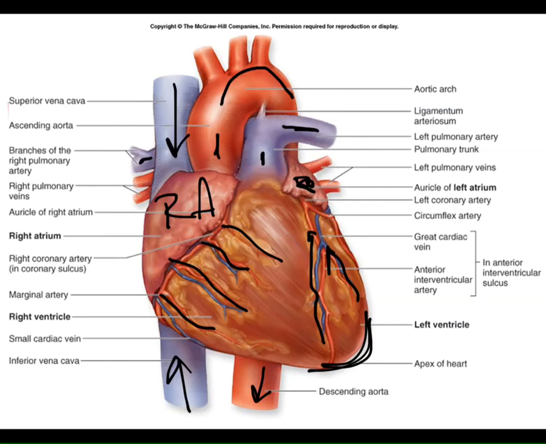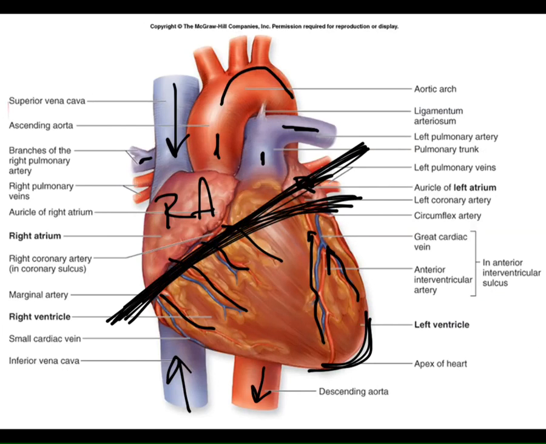Now, there are some grooves. There's a groove that kind of goes around the heart at this angle. Okay, it kind of comes around like this. And that groove is a sulcus, and your book called that the coronary sulcus. It's really an outward groove around the whole heart that separates the upper atria from the lower ventricles.